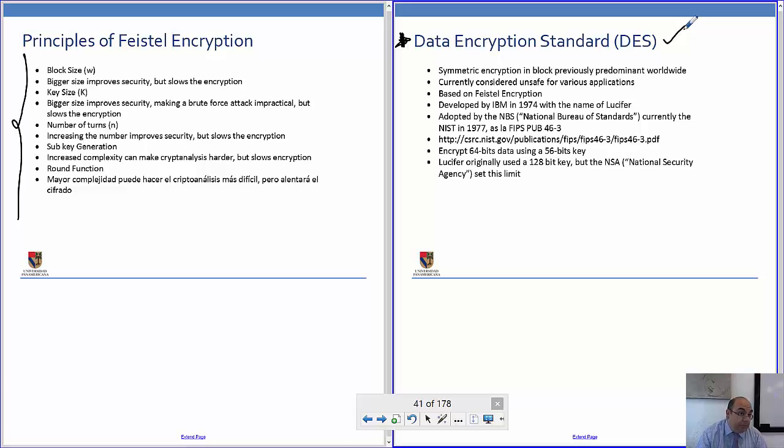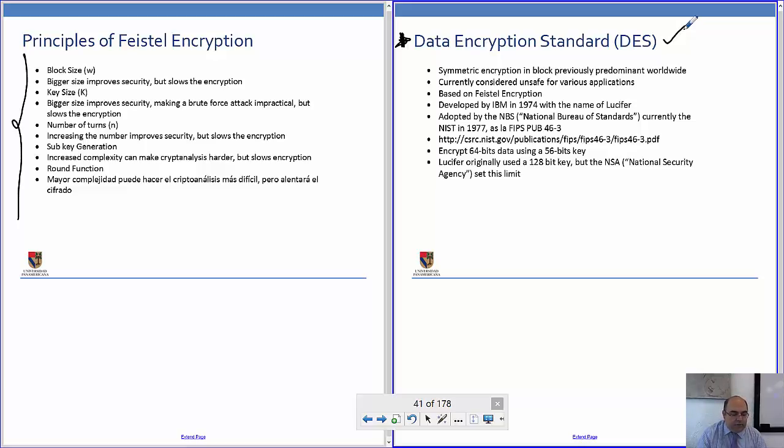NIST has many publications of its own standards. The name of every publication is FIPS, F-I-P-S, and they have several publications of FIPS. The standard of this is publication 46, and the last revision is revision 3.